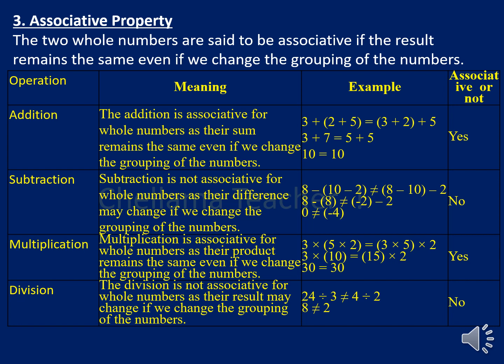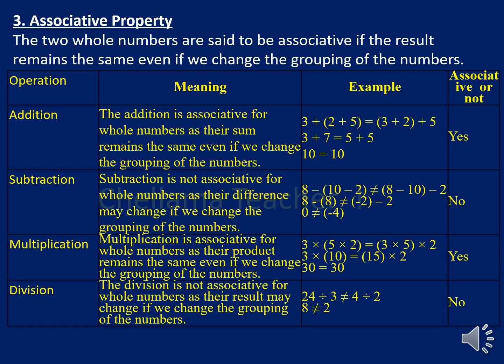So, 10 minus 2 is 8 here. On the other side, 8 minus 10 is minus 2. So, on the left side, 8 minus 8 is 0. On the right side, minus 2 minus 2 is equal to minus 4. So, 0 is not equal to minus 4. The subtraction is not associative for whole numbers.